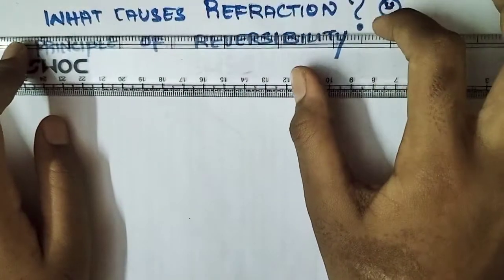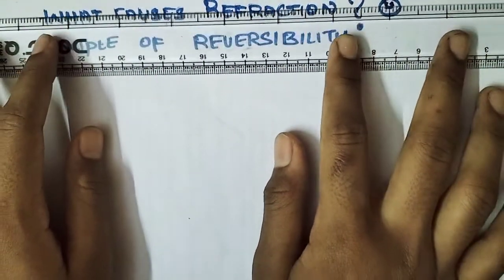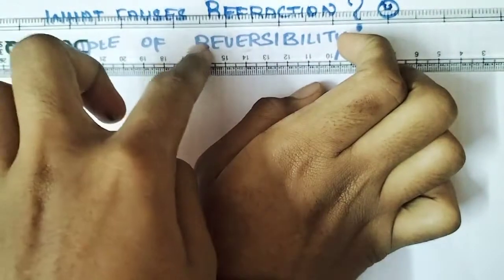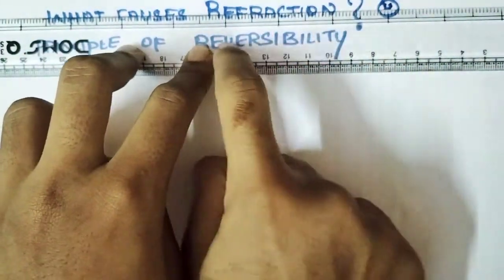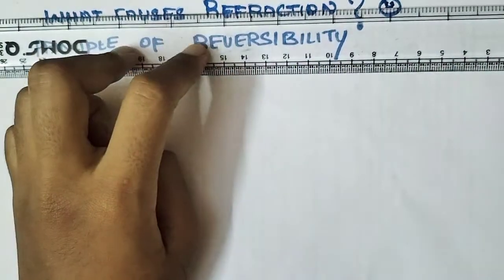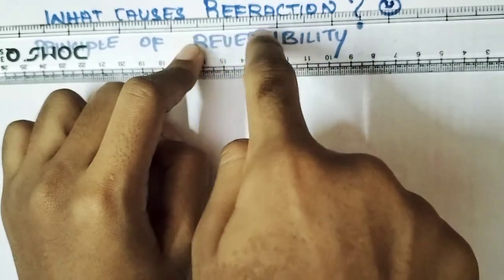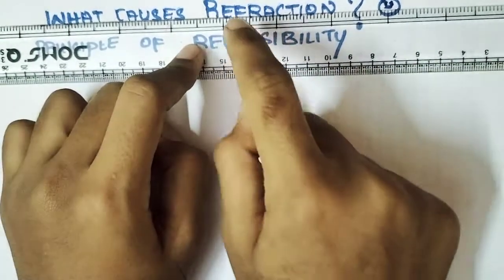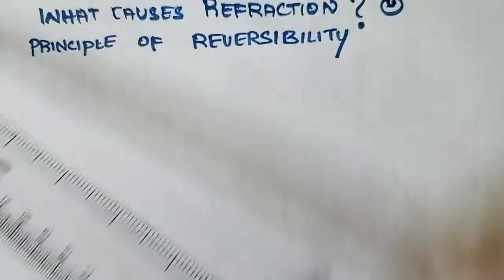Clear, children? This is the original position of this word, but this is not the original position we see through the scale. Because of refraction, the light rays traveling through this medium are refracted by the particles of this scale.